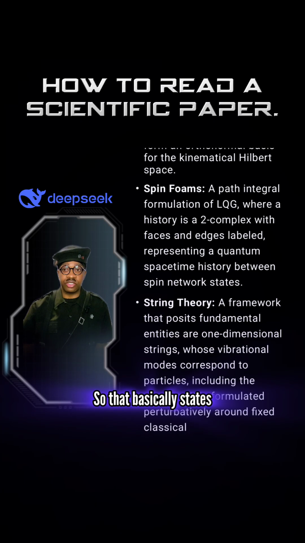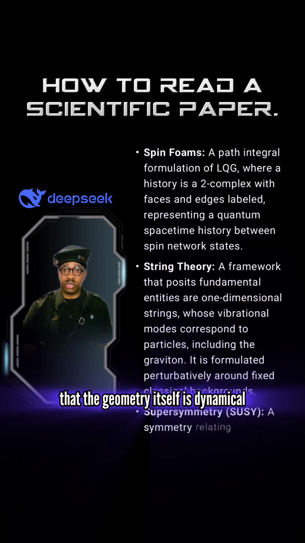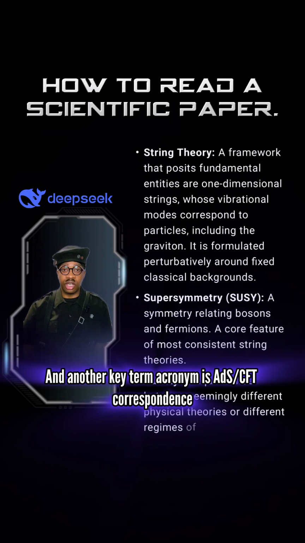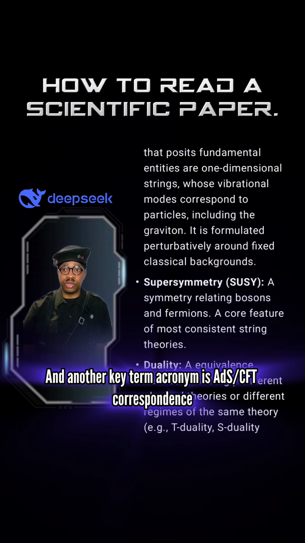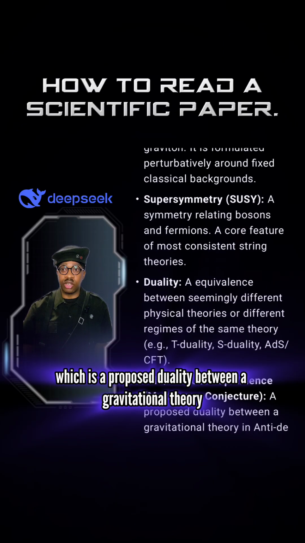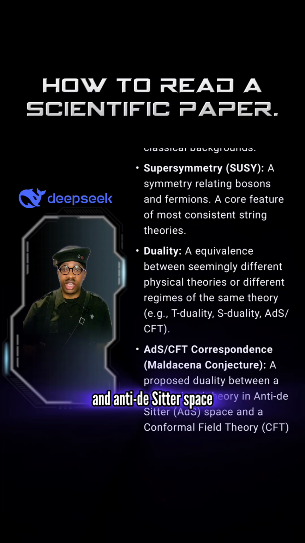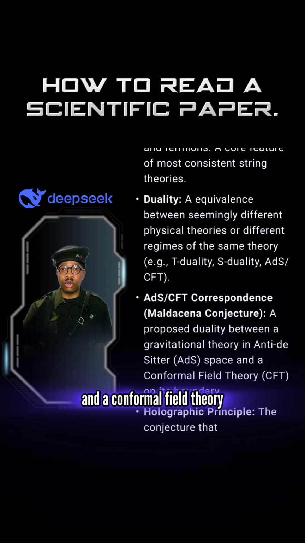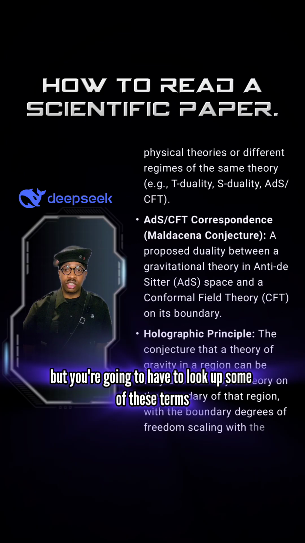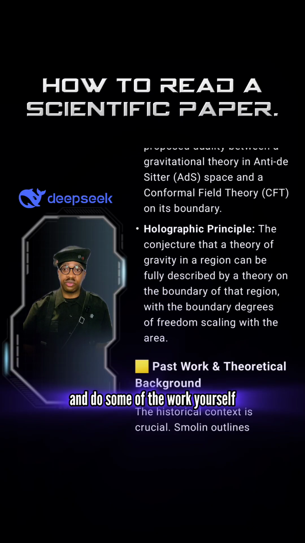So that basically states that the geometry itself is dynamical, and this is very important for quantum gravity. Another key term is AdS/CFT correspondence, which is a proposed duality between a gravitational theory in anti-de Sitter space and a conformal field theory. Yes, I know a lot of these terms are advanced, but you're going to have to look up some of these terms and do some of the work yourself.